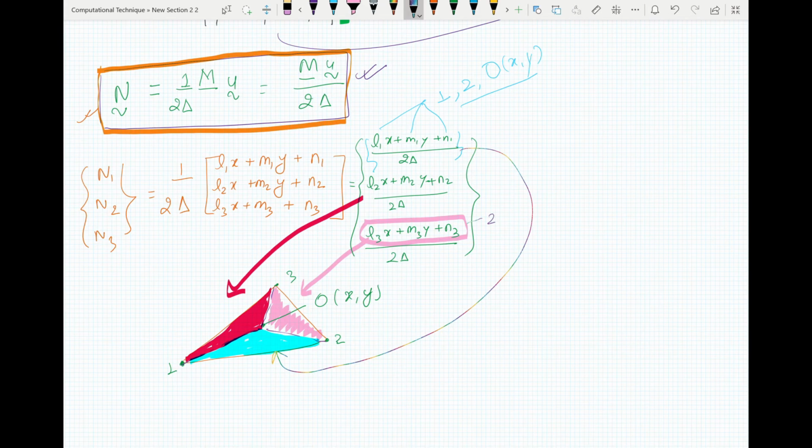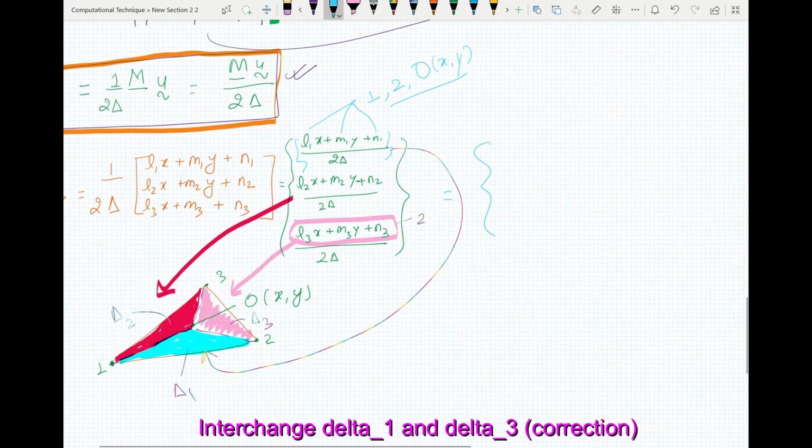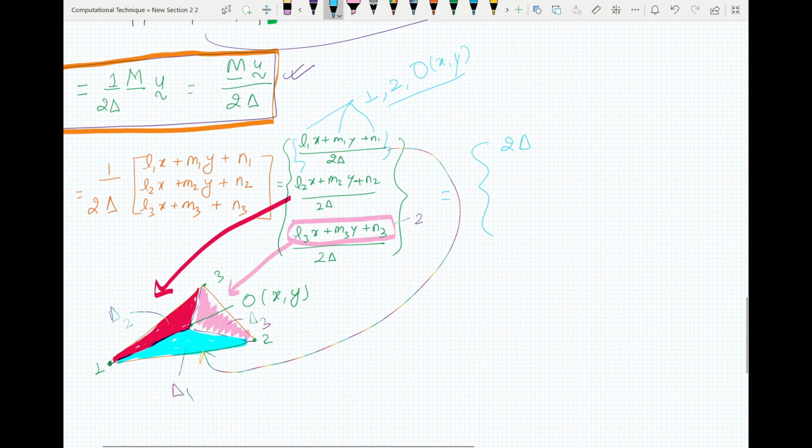So if we denote this one as delta 1, this one as delta 2 and this one as delta 3, then what we'll get here will be 2 times delta 1 by 2 delta, 2 times delta 2 by 2 delta, and 2 times delta 3 by 2 delta.